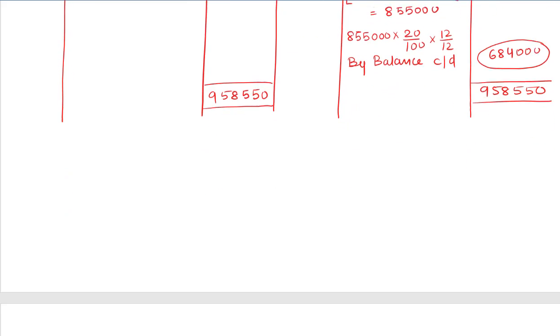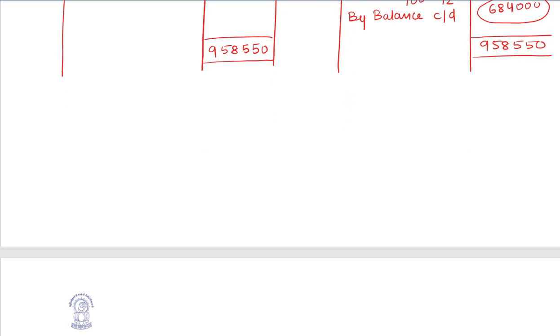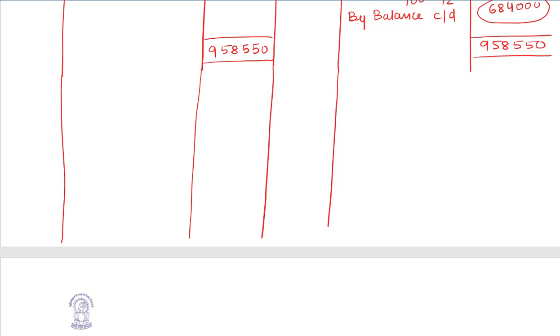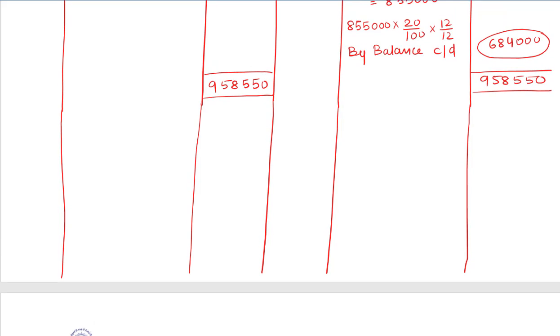Now let us do the accounting for the third year, that is 2017-18. Stretch these lines a bit. This 6,84,000 will come here as the opening figure.